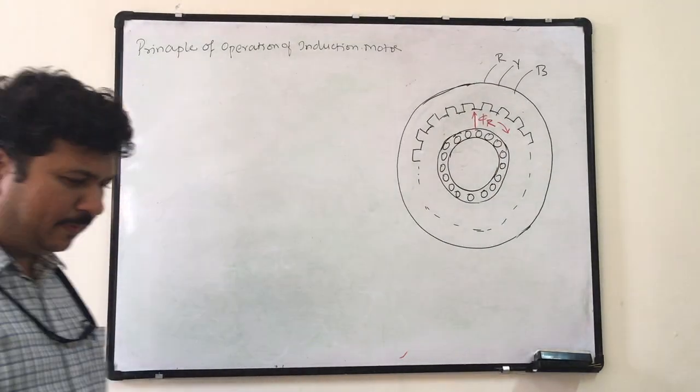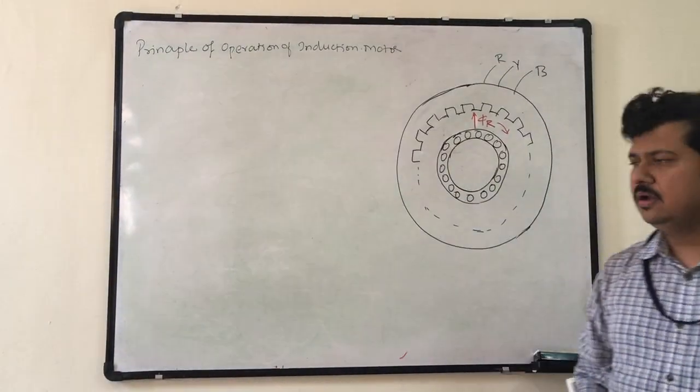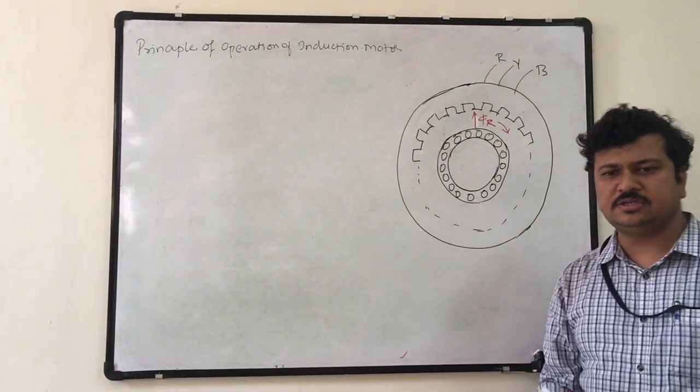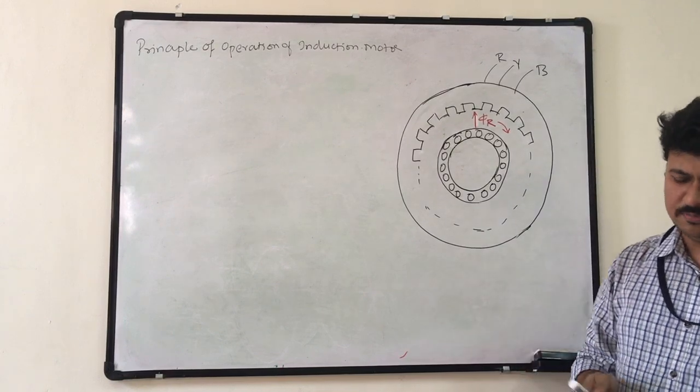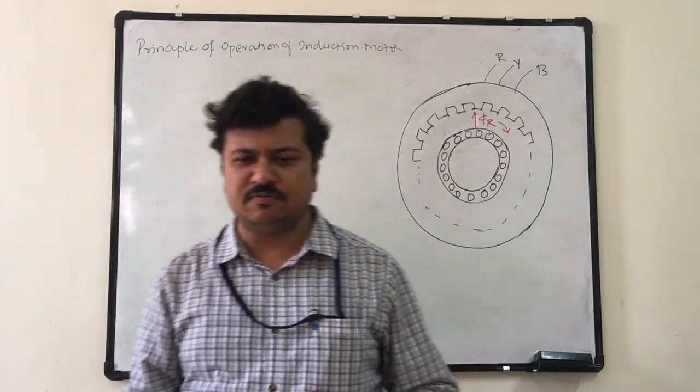Now, when we go back to the construction of the induction motor rotor, we have seen that whether the rotor is slip ring induction motor or squirrel cage induction motor, the rotor is always completely short circuited on itself.